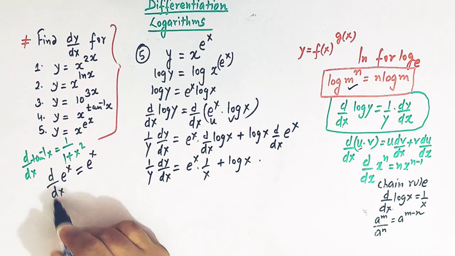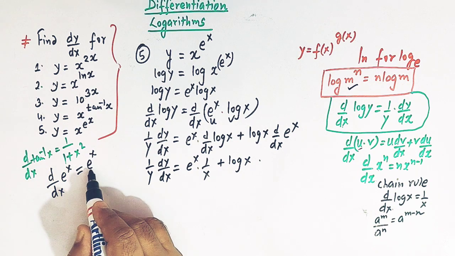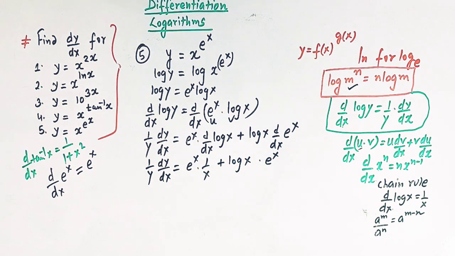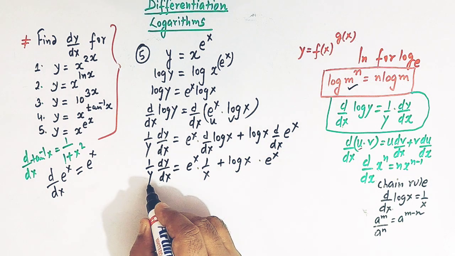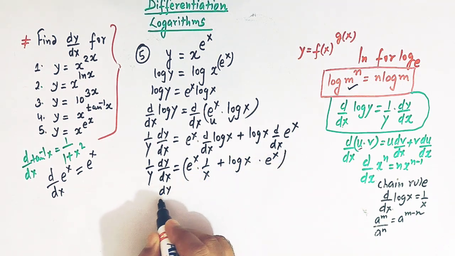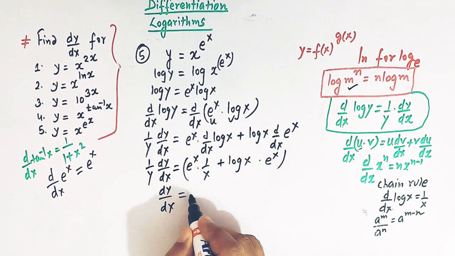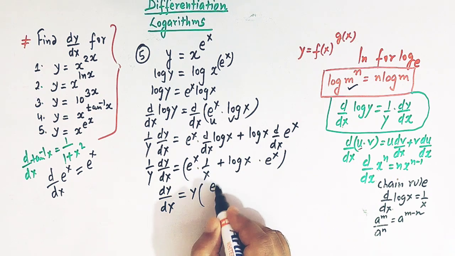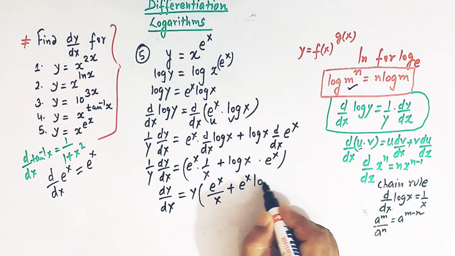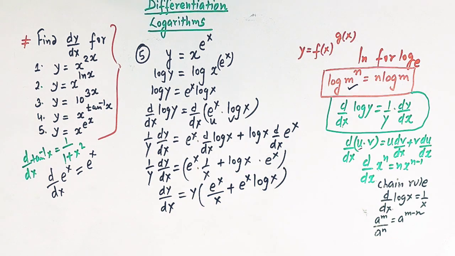So the derivative of e raised to x is simply e raised to x. Now taking this y to this side, we have dy over dx equals y times e raised to x over x plus e raised to x times log x.